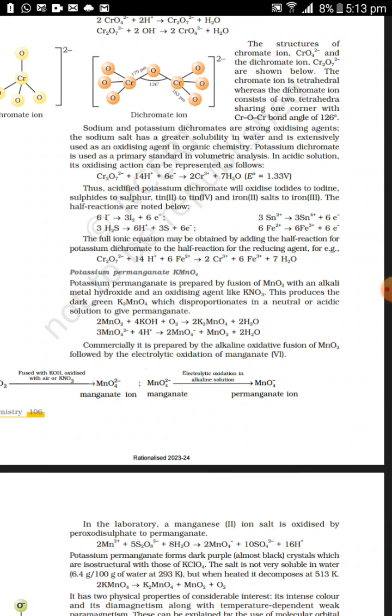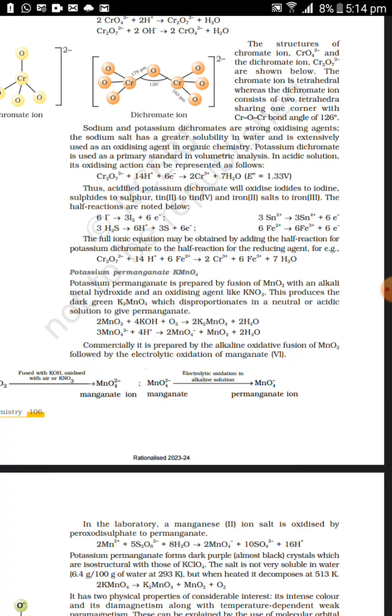Then is the potassium permanganate, KMnO4. The first one is its preparation. It is prepared from MnO2 in the presence of potassium hydroxide and oxygen, which gives you K2MnO4, potassium manganate.